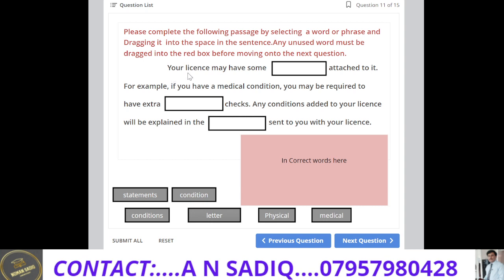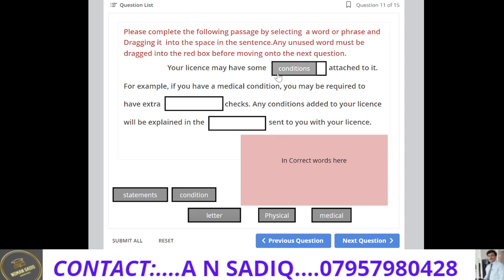So let's see: your license may have some statements attached to it. Now, conditions, letter, physical, medical. It is either conditions, because usually some conditions are attached. If it says "some", it is not a simple singular word. It should be plural. So please be careful regarding this.